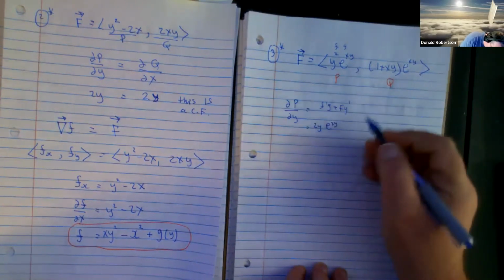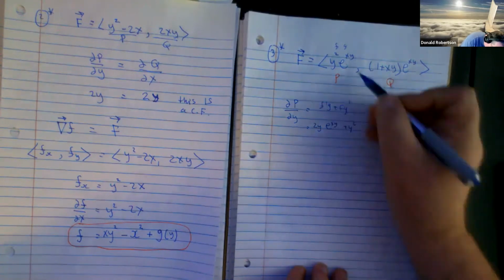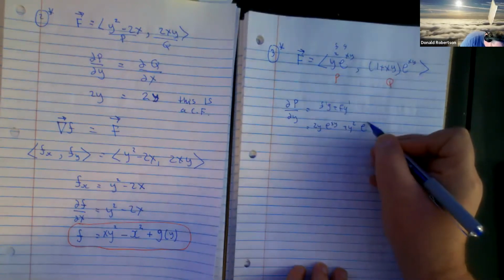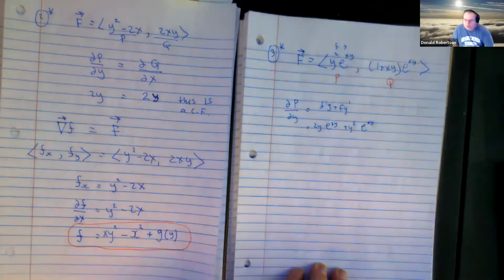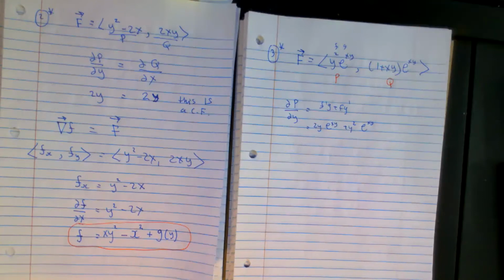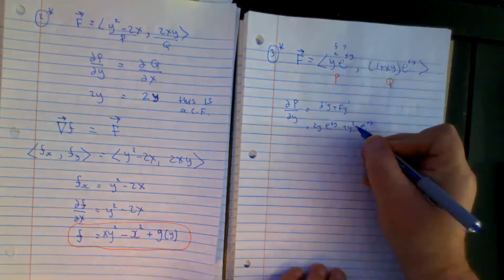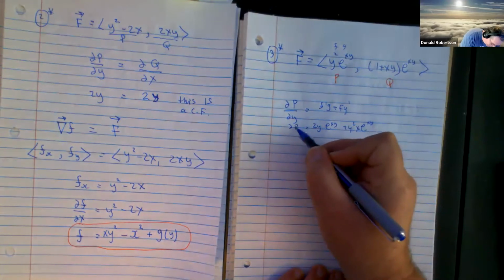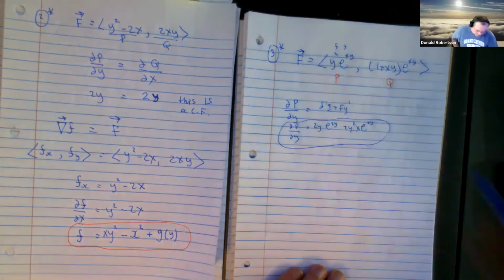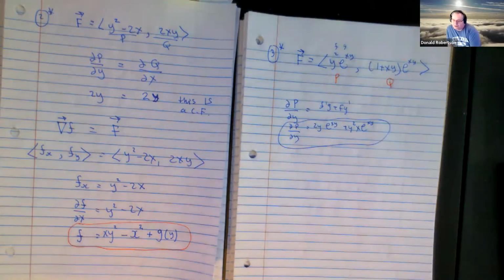And leave the first one alone, you're going to get y squared, and if you differentiate e to the xy with respect to y, you get e to the xy times x. Right. Are we comfortable about that one? That's what it's equal to.